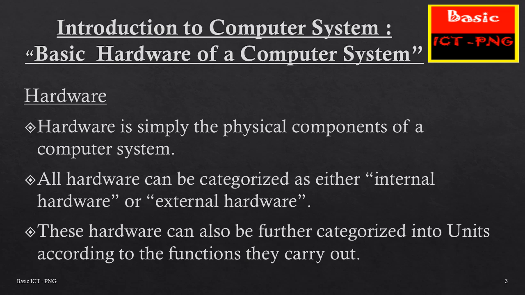Well, computer hardware is simply the physical components of a computer system, and all hardware can be categorized as either internal hardware or external hardware. This hardware can also be further categorized into units according to the functions they carry out.